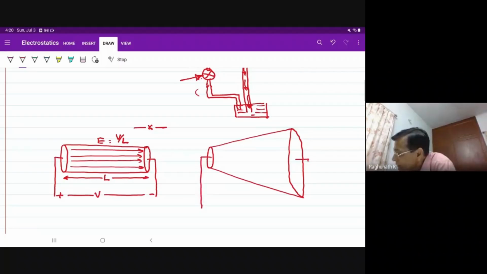Apply a potential difference V volts. If you create a potential difference of V volts between the ends of this conductor, there is a fixed amount of positive charge on one end and the same amount of negative charge on the other end.